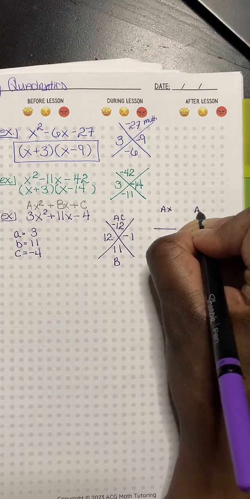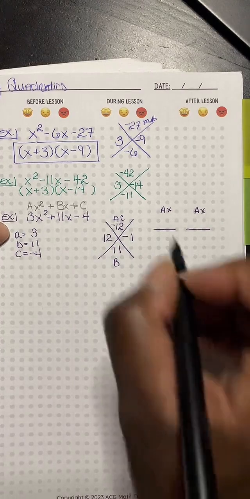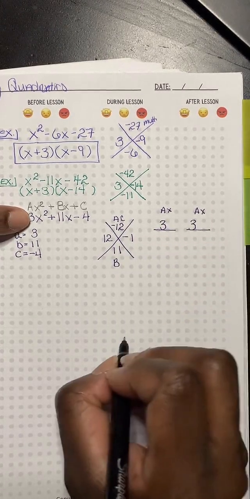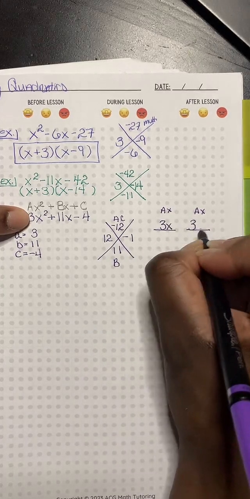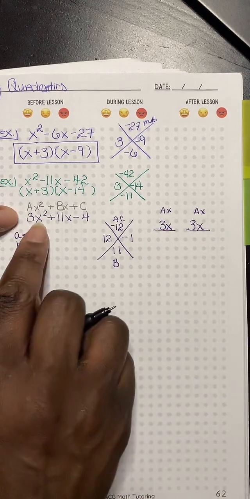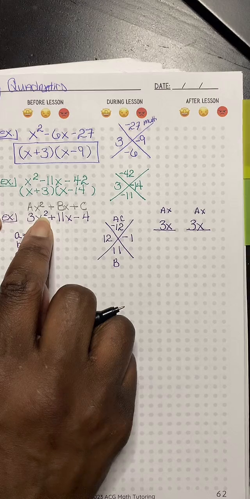And that's going to be for both of them. So my A value is 3. And the variable that we're using is X. The reason why I write it out twice is because of my highest degree. The highest exponent was to the second.